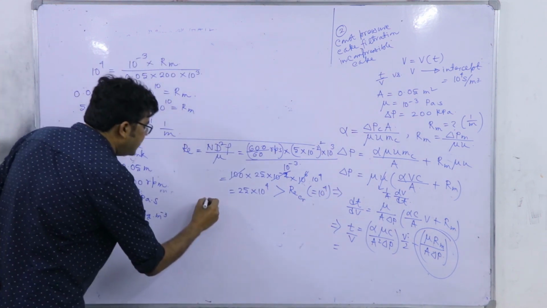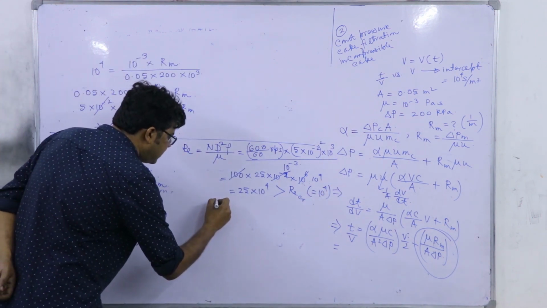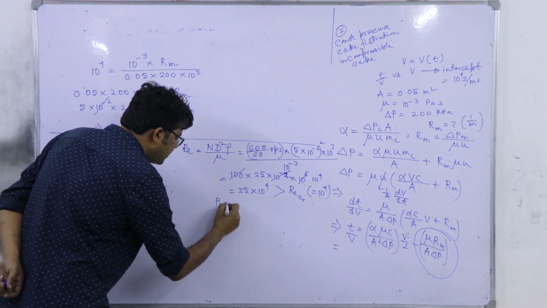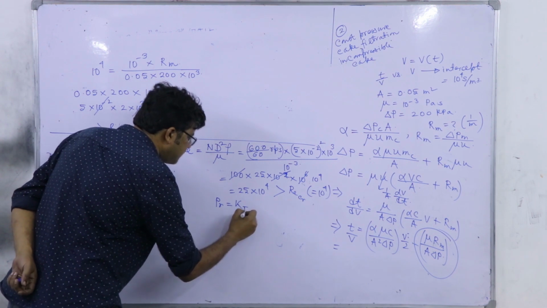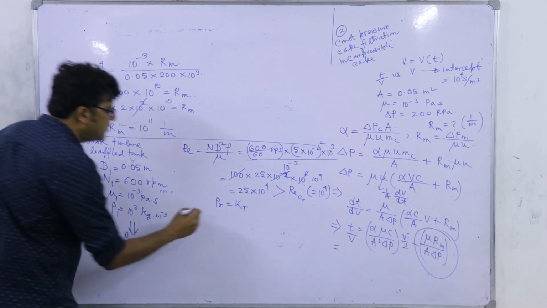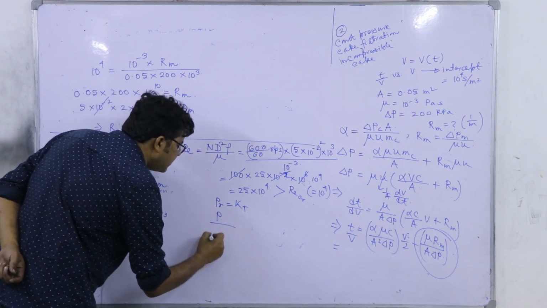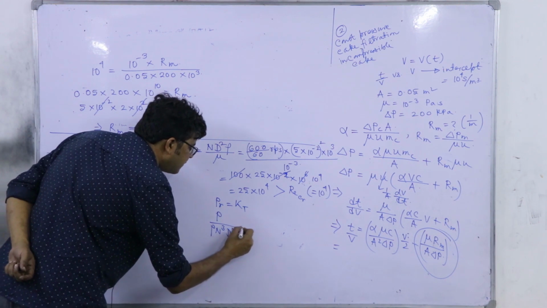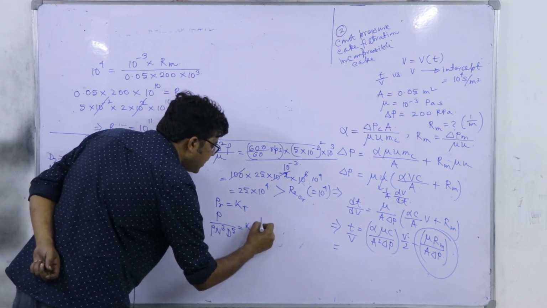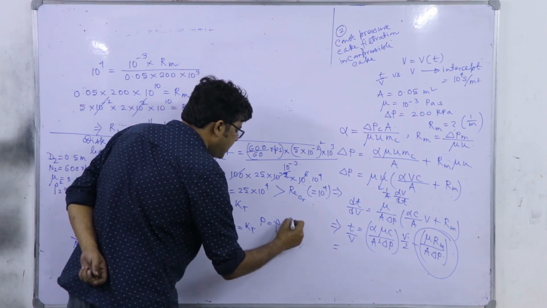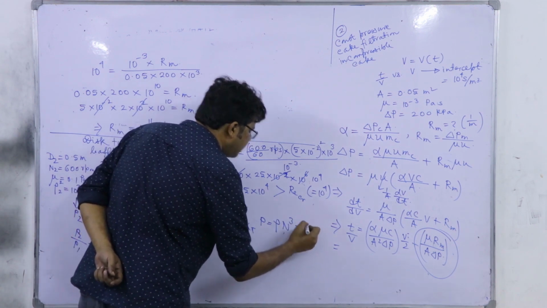Right? So we have the correlation. The power number Np is constant. It's a turbulent regime. So power number constant means P divided by rho into n cube into d to the power 5 is constant, and power is proportional to rho into n cube into d to the power 5.